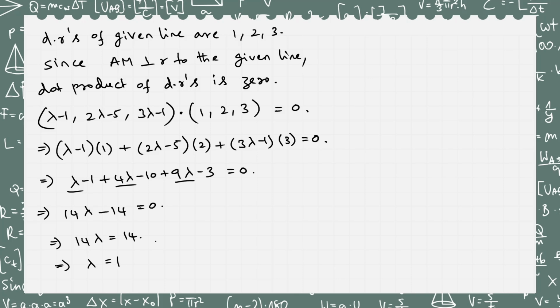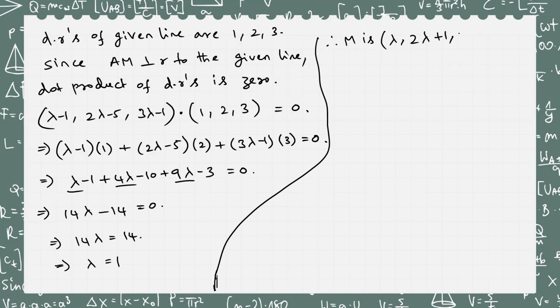Since we got to know lambda's value, we can rewrite the coordinates of M. So M is lambda, 2 lambda plus 1 and 3 lambda plus 2, isn't it? That is replacing lambda with 1 now. M is 1; 2 into 1 plus 1 is 2 plus 1, 3; 3 into 1 plus 2 is 3 plus 2, 5.